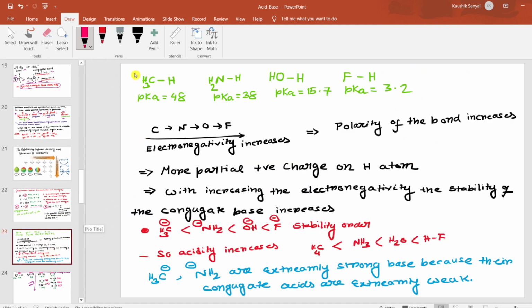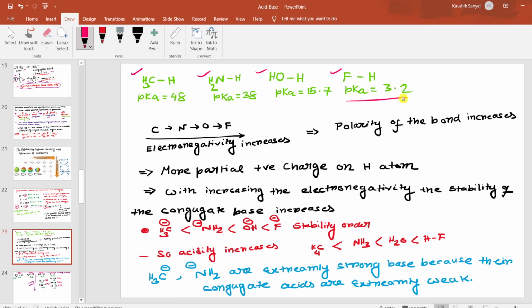Now coming back to this example, as we go from methane to ammonia to water to hydrogen fluoride, the pKa value decreases, which suggests that as we go from left to right, the acid strength increases.